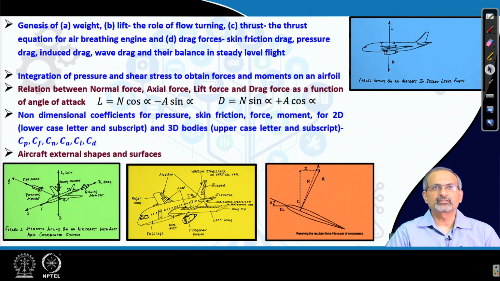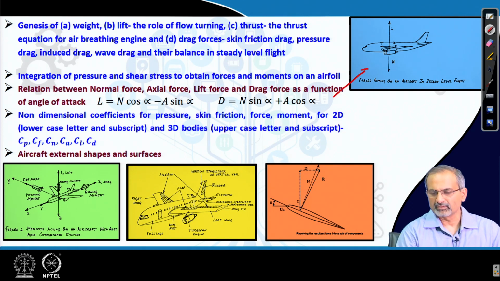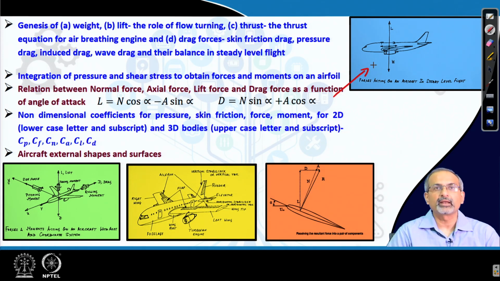We looked at the thrust equation for air breathing engines, and then drag force, comprising different components: skin friction drag, pressure drag, induced drag, wave drag. We know that these forces balance each other in steady level flight. So, this diagram at the right top corner, we would recall that we talk about the balance of these forces through this diagram.